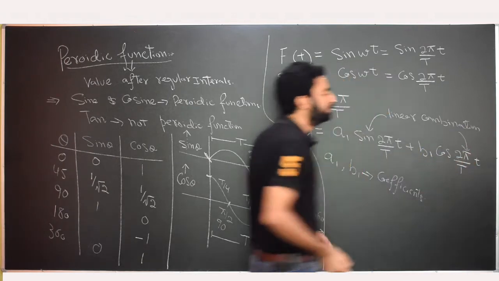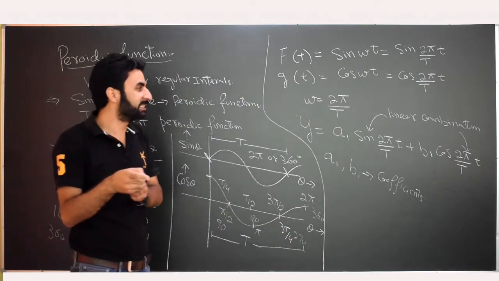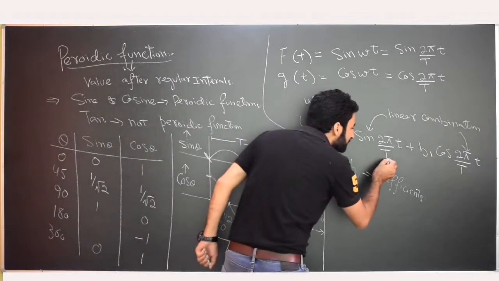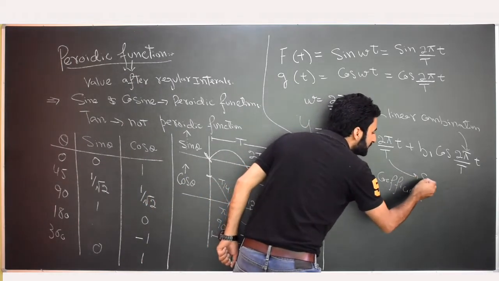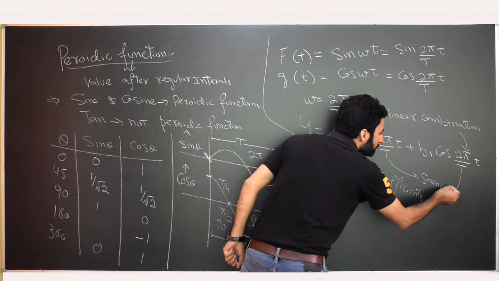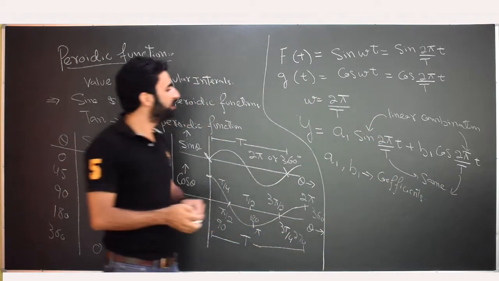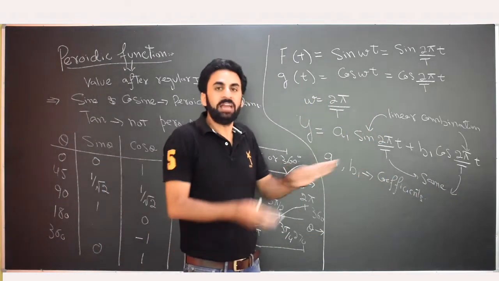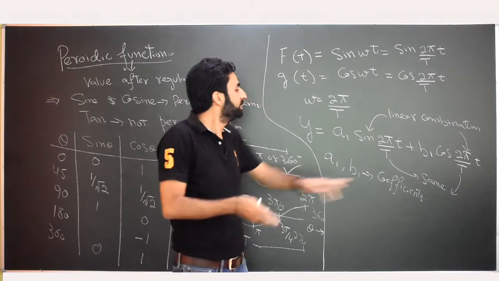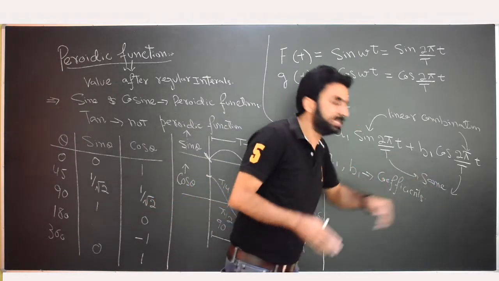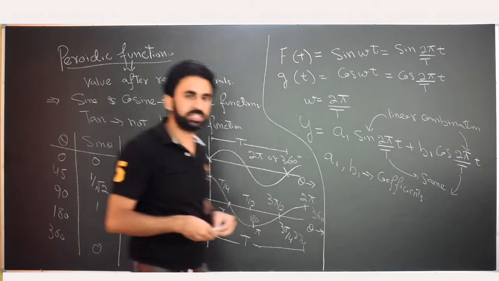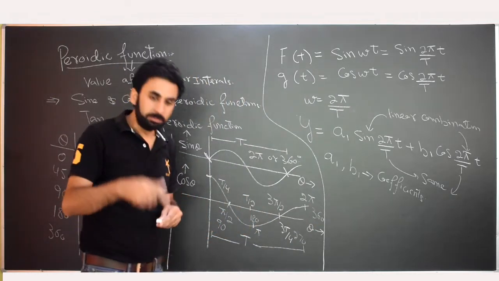So a linear combination of two periodic functions having the same time period, here represented by capital T, is also a periodic function.